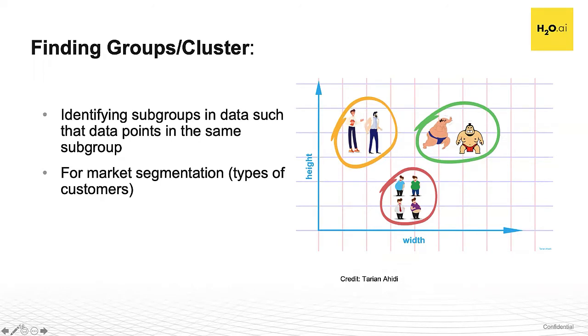So these are the people whose height is more and they have less weight. These are the people whose height is less and they sort of have average weight. And this group of people have higher height, but they also have a higher weight.